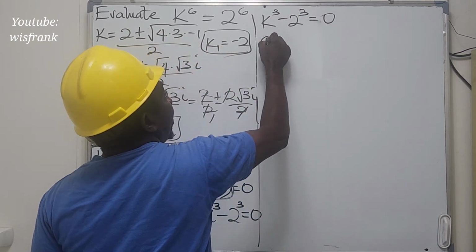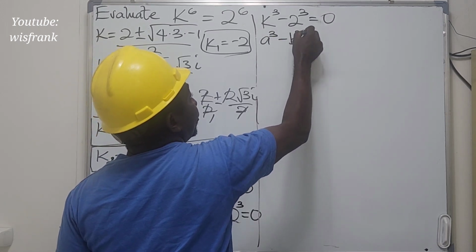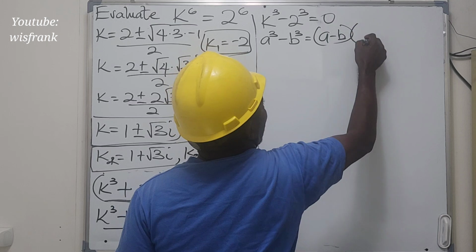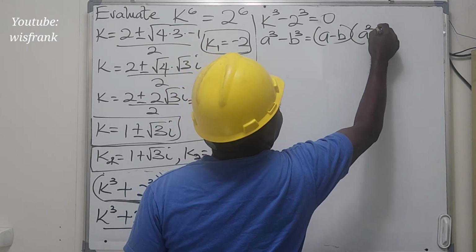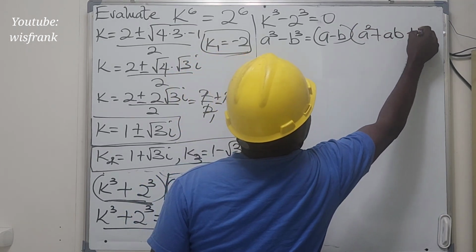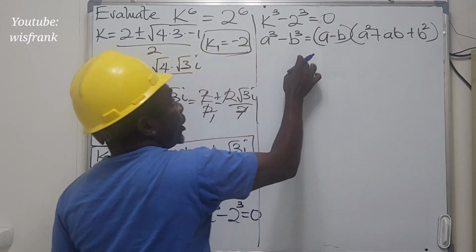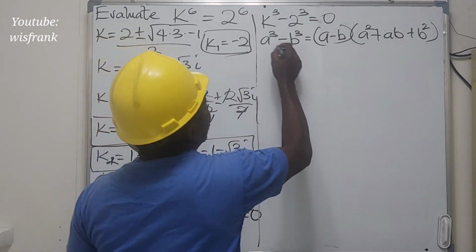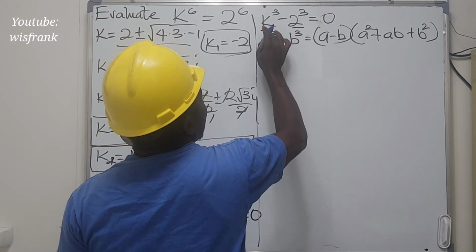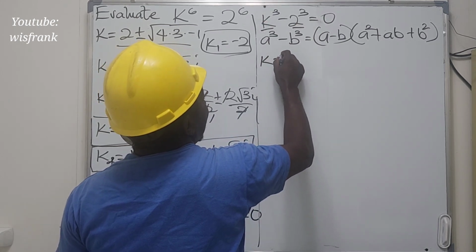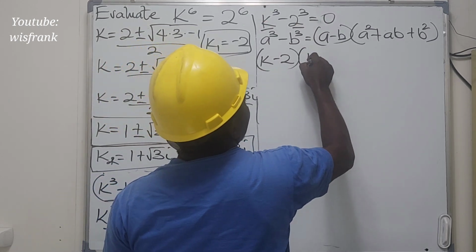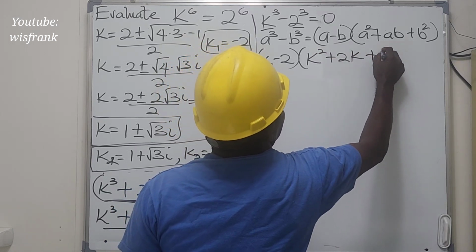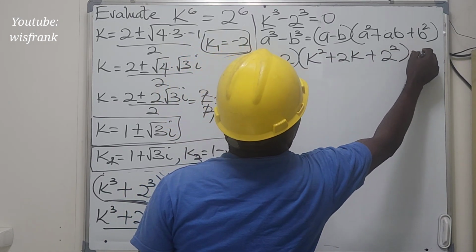This is the form a to the power of 3 minus b to the power of 3, which equals a minus b all into a to the power of 2 plus ab plus b to the power of 2. We are going to represent this as this, where this is our a and this is our b. This will become k minus 2 all into k to the power of 2 plus 2k plus 2 to the power of 2, all equals 0.